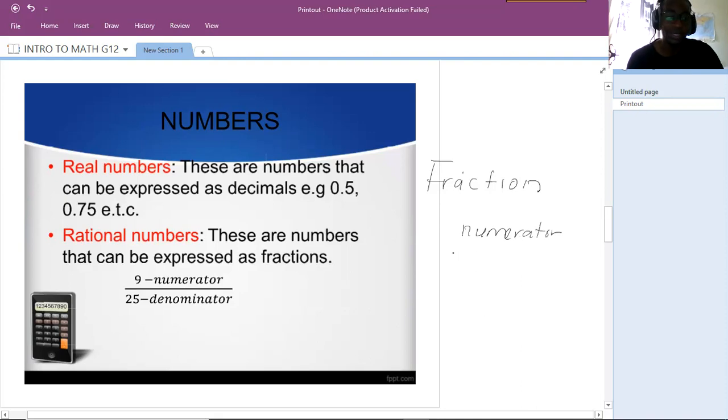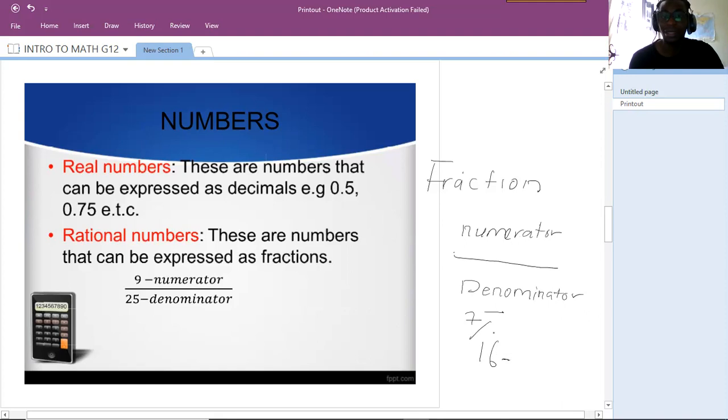Then it will have a division line, then it's going to have a denominator, which is at the bottom of a fraction. So if I say 7 over 16, this 7 above is the numerator, and this 16 below is the denominator.